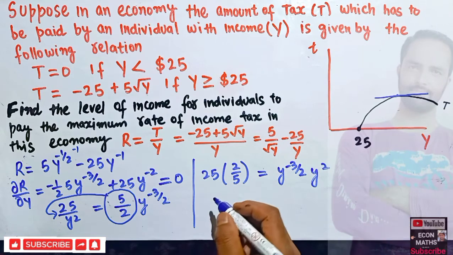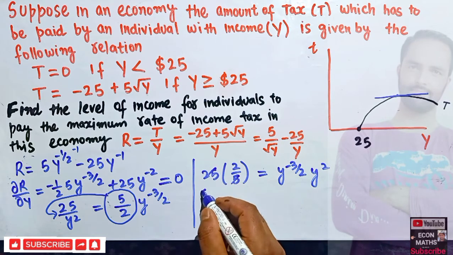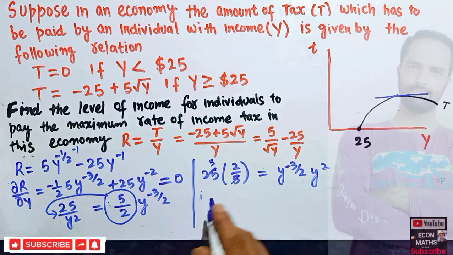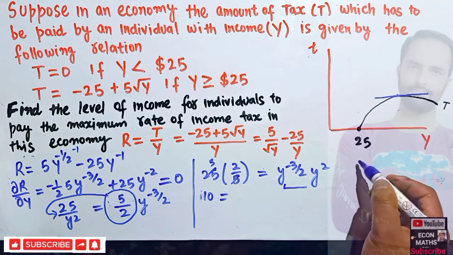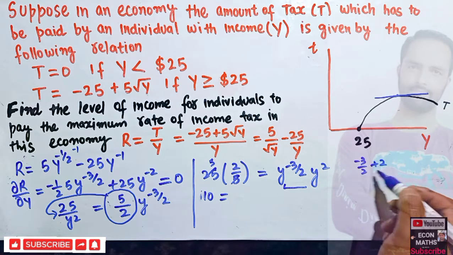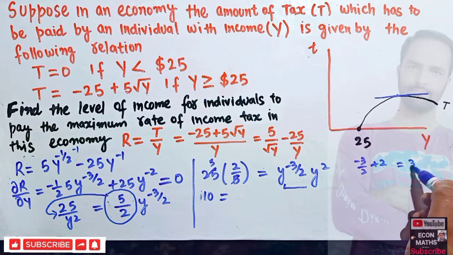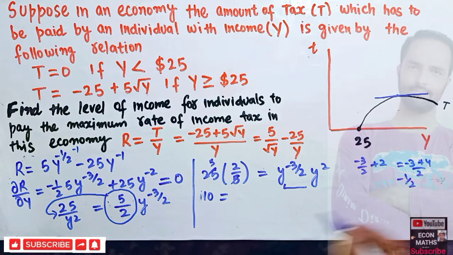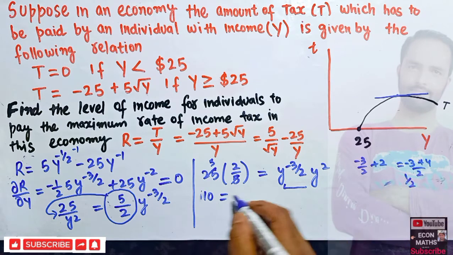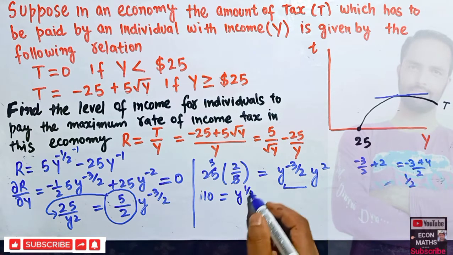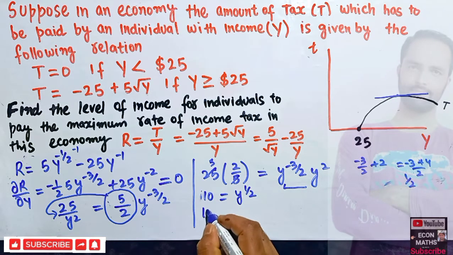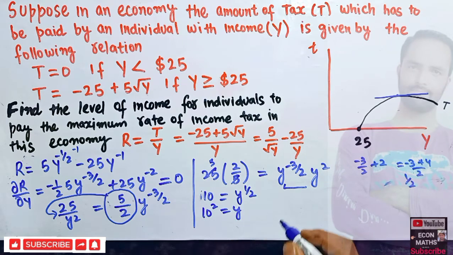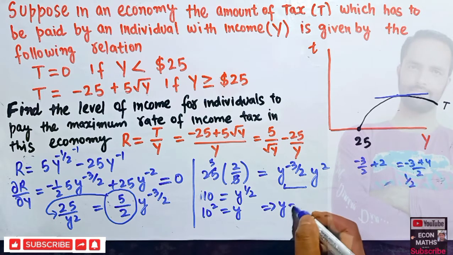So 5 fives are 25, 5 twos are 10, so we have 10 equal to, bases are same, we can add up the exponents. We have minus 3 upon 2 plus 2, that is minus 3 plus 4 upon 2, which is 1 upon 2, so we have y raised to the power 1 upon 2. Let us transpose this exponent, it will become square, that means 10 square is equal to y, which implies y will be equal to 100.